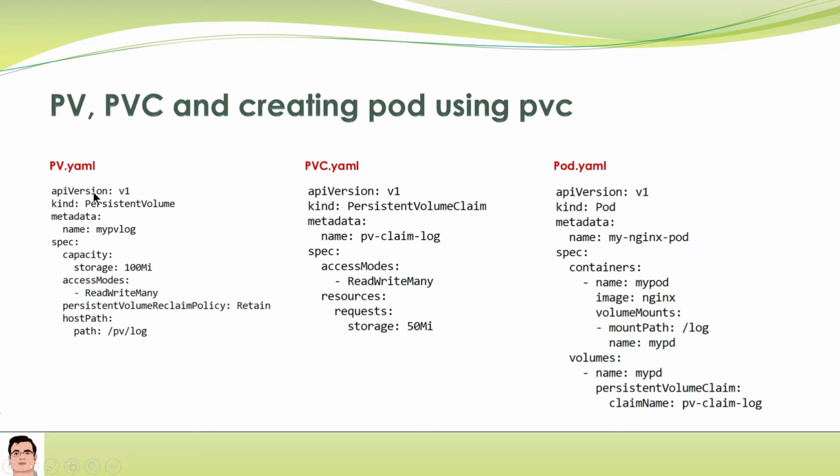As per the pod, the kind we change to PersistentVolume, and this is the metadata. Under it we have a name, the name of the PV, my-pv-log. It has specifications like capacity, storage is 100Mi, and the access mode we set as ReadWriteMany.